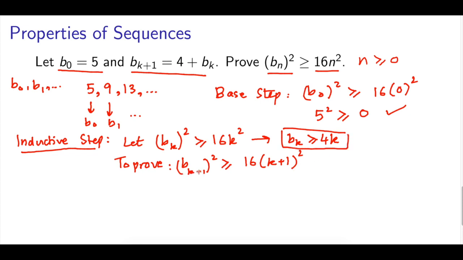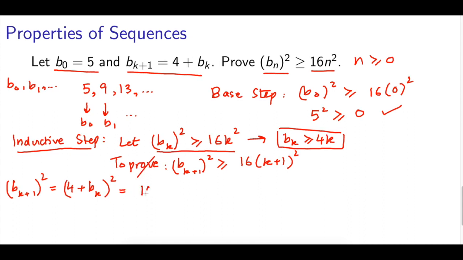Okay, now let's start with bk plus 1. So bk plus 1 squared is equal to 4 plus bk squared. Okay, so if you open this, we get 16 plus bk squared plus 8bk. Now this guy is greater than 16k squared because of the inductive hypothesis, and this guy is greater than 4k, correct, because of this guy.